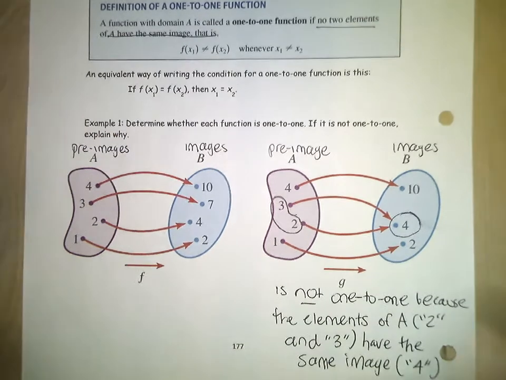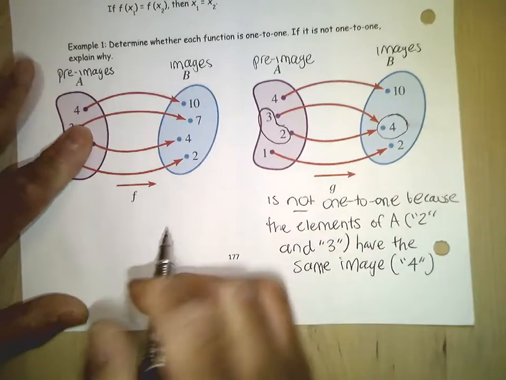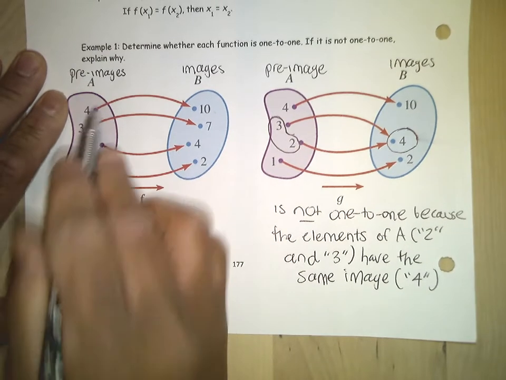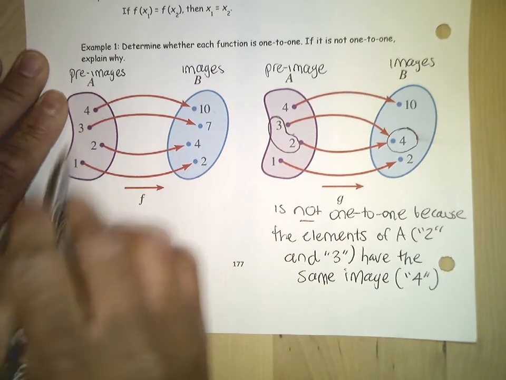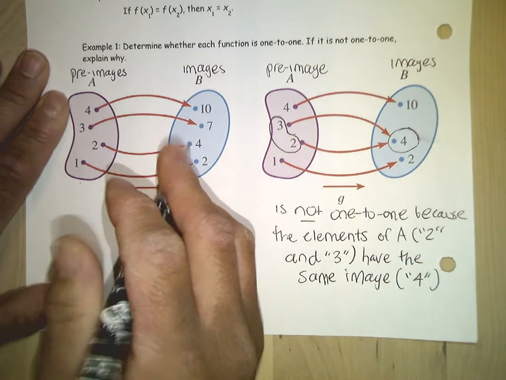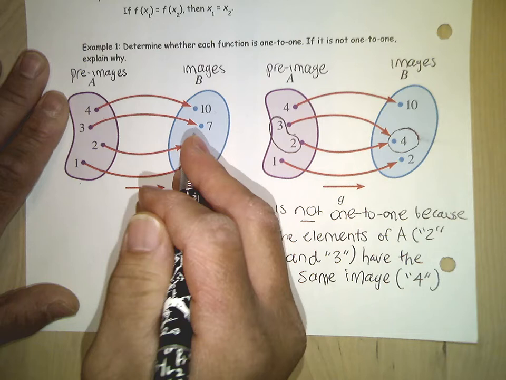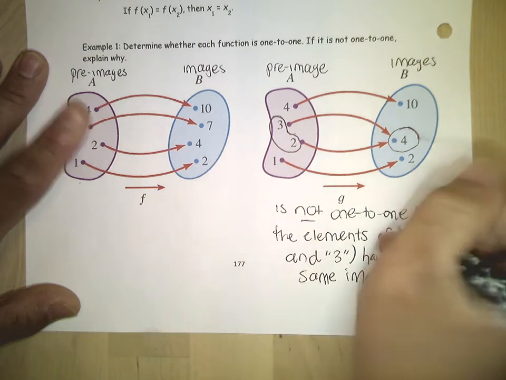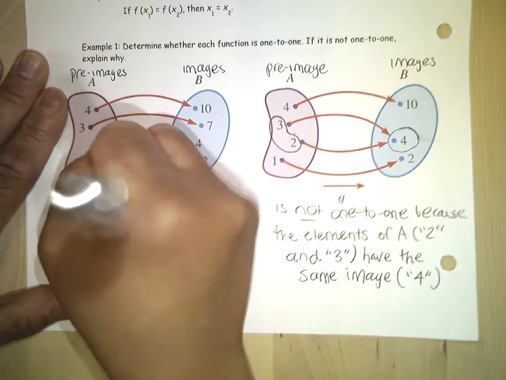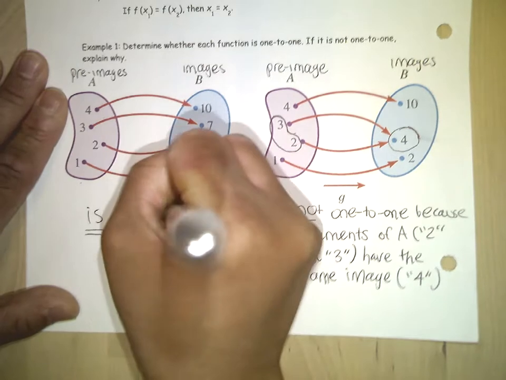But in function f, there are no elements in set A that map to the same value in set B, or have the same image. So f is one-to-one.